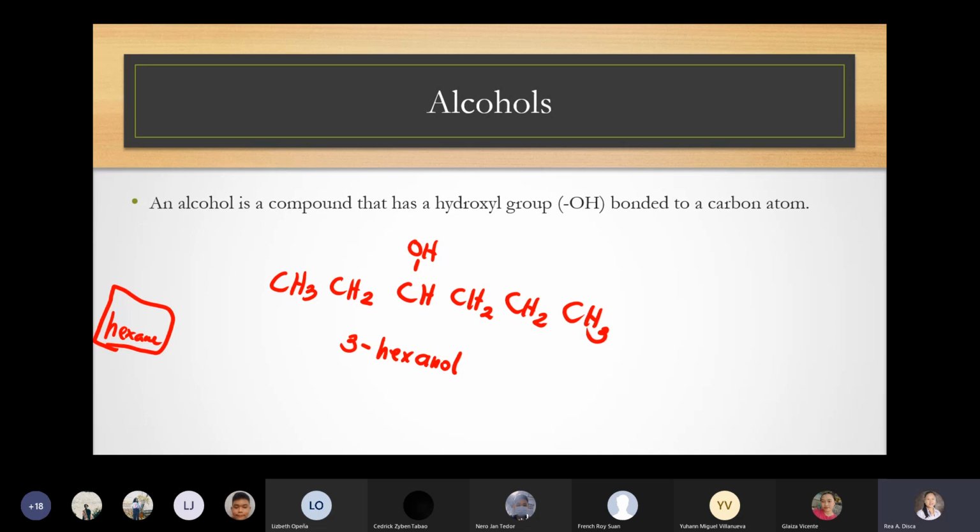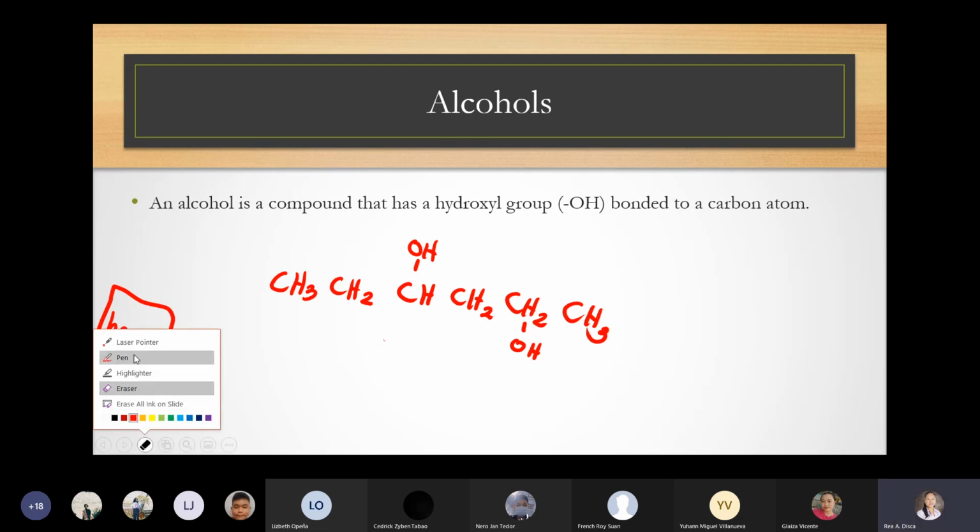Okay? So now what if, lagyan ko dito. On what carbon does our hydroxyl group attach?